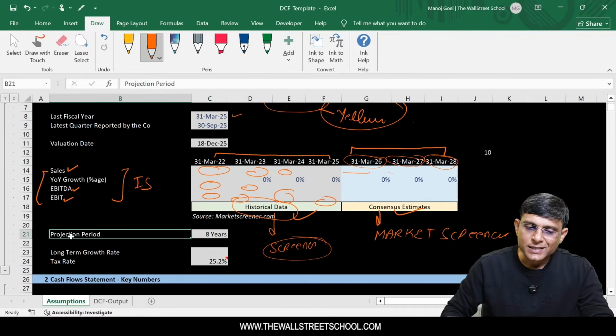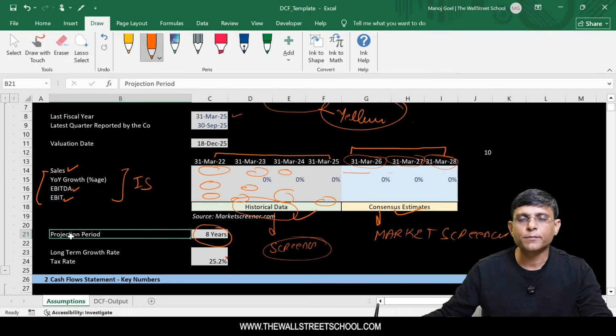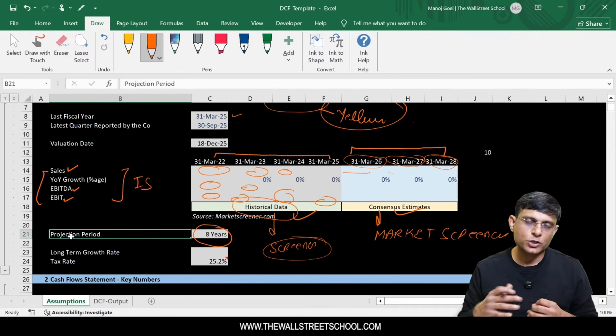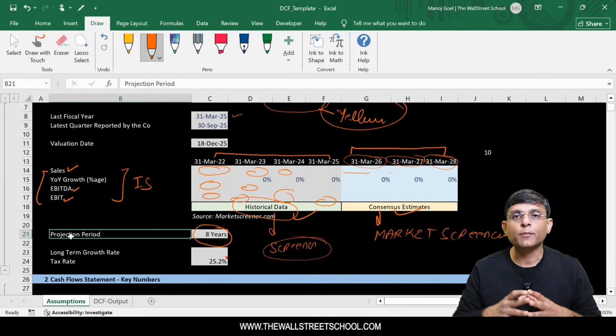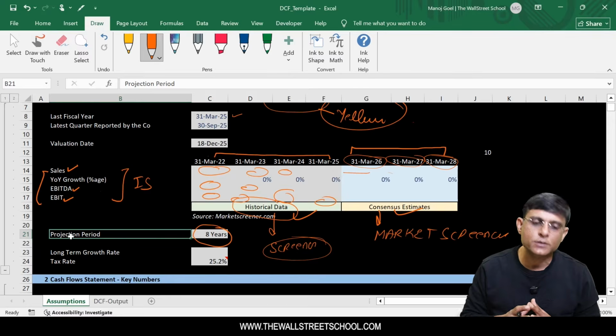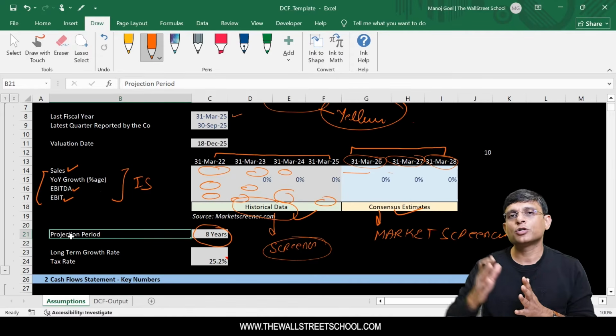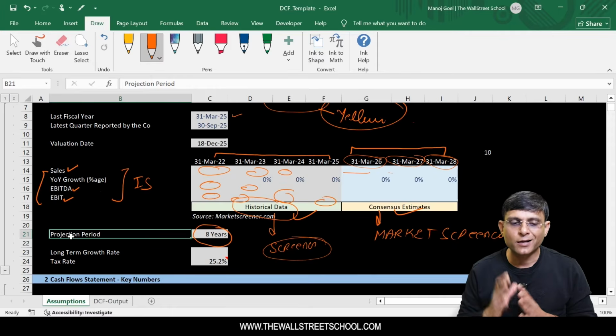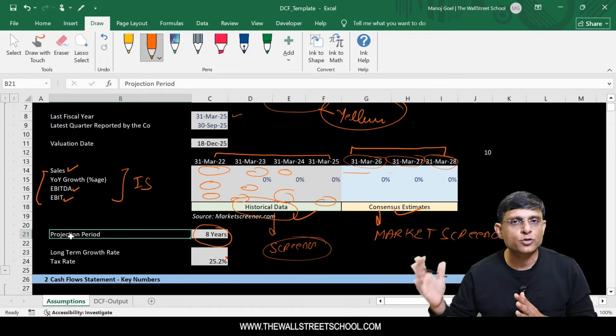Then you can see the next input is the period of projections. Basically, you need to estimate till what time your company will remain in the high growth phase. Remember, in the previous video we discussed that you have to keep your projection on till your growth is not constant, till your company reaches the maturity stage.